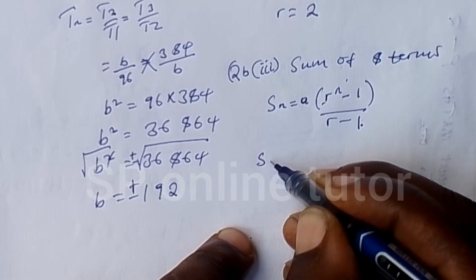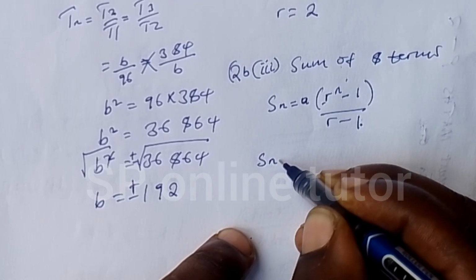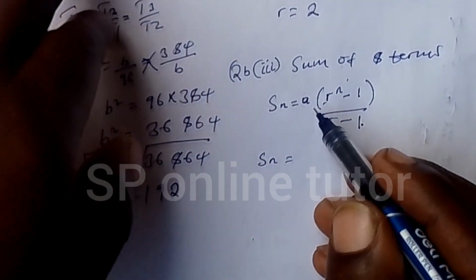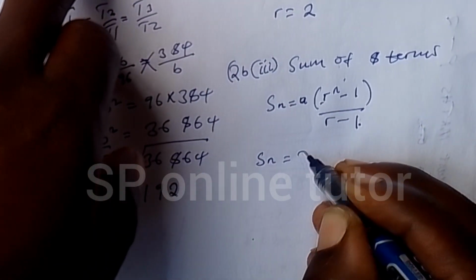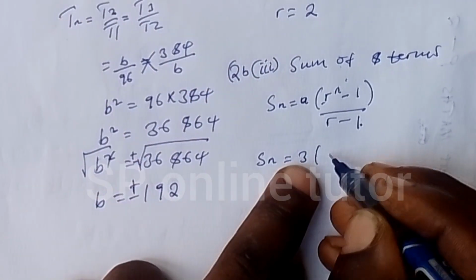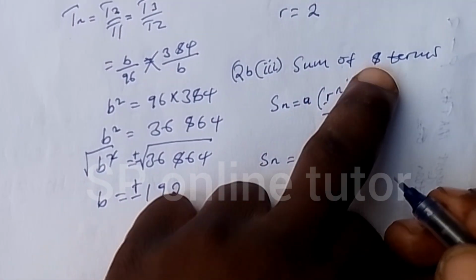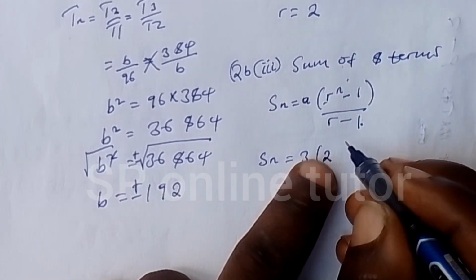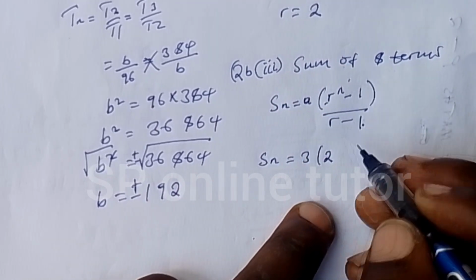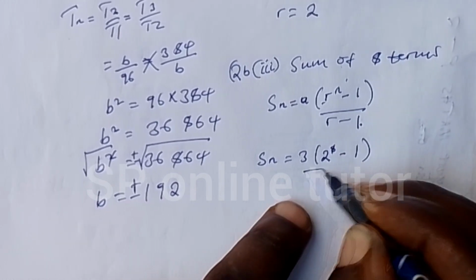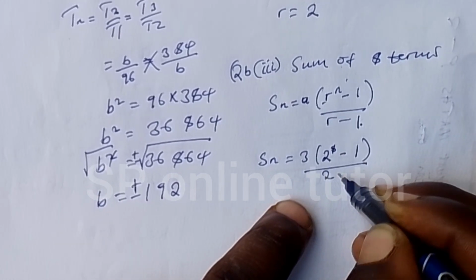So S8. Here the first term is 3, then in brackets r, which we found to be 2, and we are told to find the sum of the first 8 terms, so n is 8, then minus 1, over 2 minus 1.